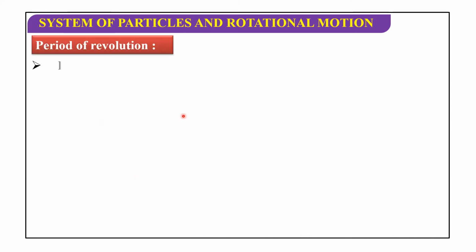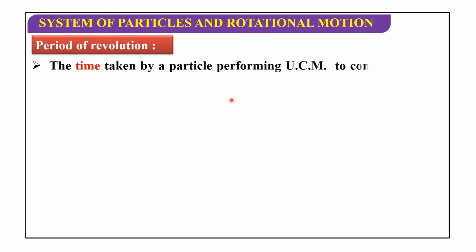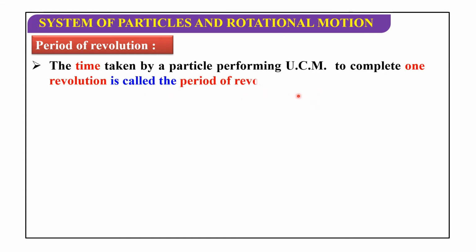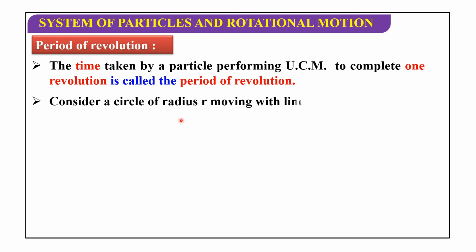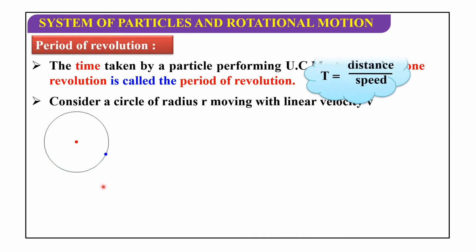Now, period of revolution. The time taken by a particle performing uniform circular motion to complete one revolution is called the period of revolution. So, consider a circle of radius r, with the particle moving with linear velocity v. Then time is equal to distance by speed.